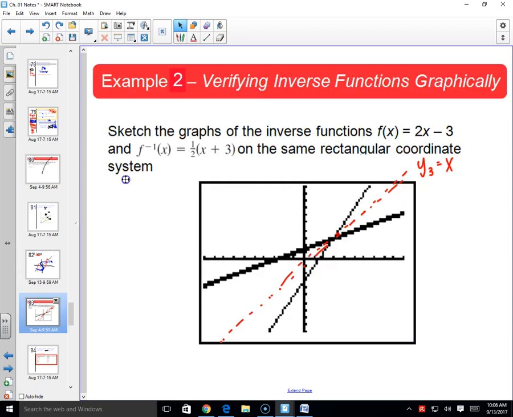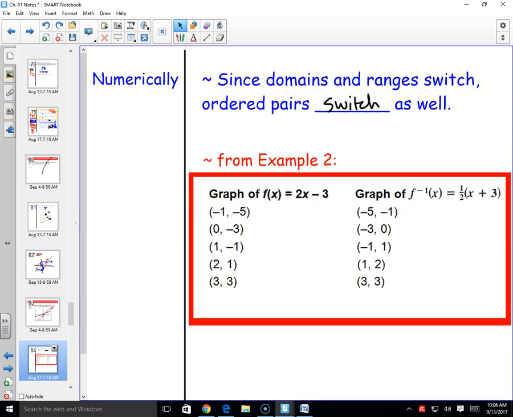Okay. Let's come back to our notes. We talked about how in a graphing calculator, if you graph a function and its inverse, you're supposed to see from the graphs in your calculator if they're inverses. What did I say you should probably graph, just like I kind of did in the last one? Graph y equals x, yeah, and then you can look a little bit better. It's kind of hard to see if you don't have the graph there. We talked about how points switch, the ordered pairs switch.